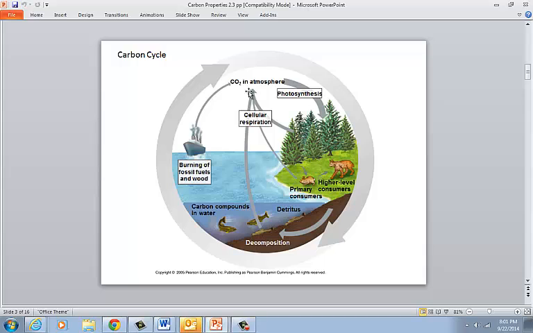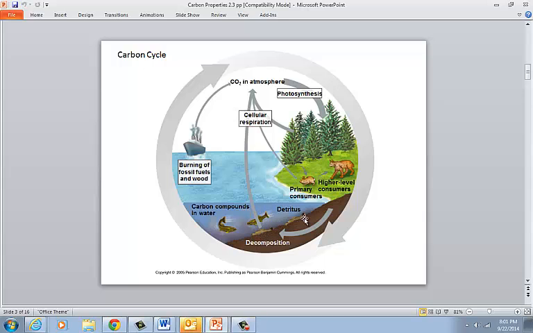All right, so here we have the carbon cycle. CO2 is basically the framework here, because we have CO2 in the atmosphere, and then plants take in carbon dioxide in order to photosynthesize, and then the primary consumers will eat that carbon, the secondary consumers will eat the primary consumers and get the carbon, then they all die and decompose.